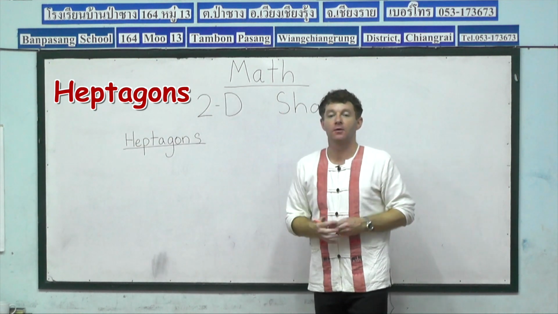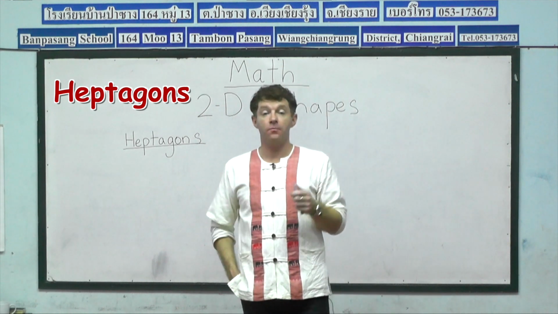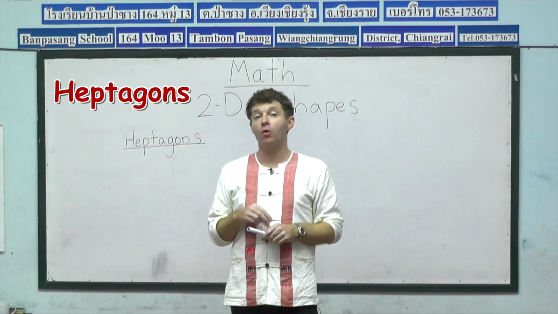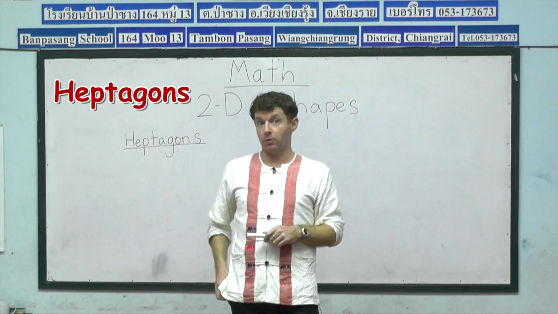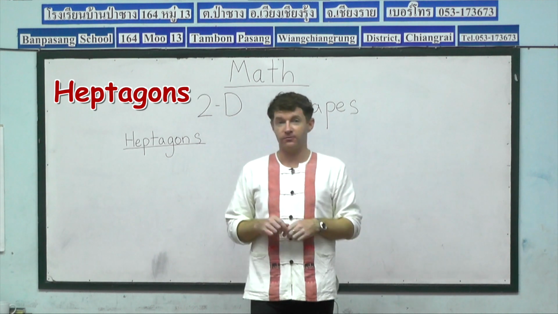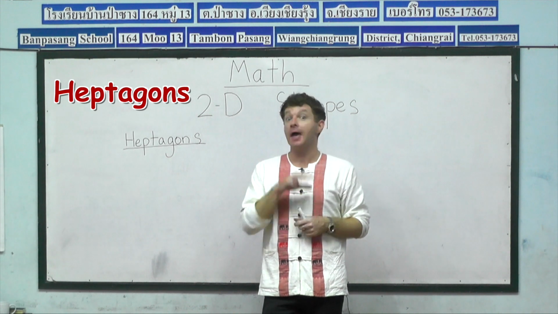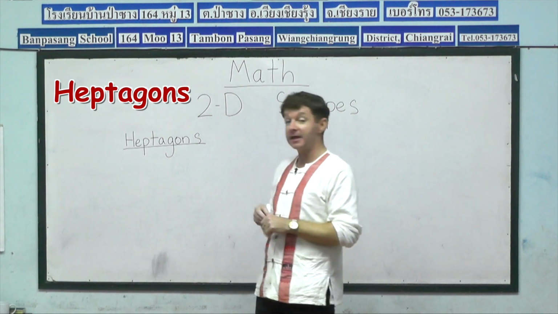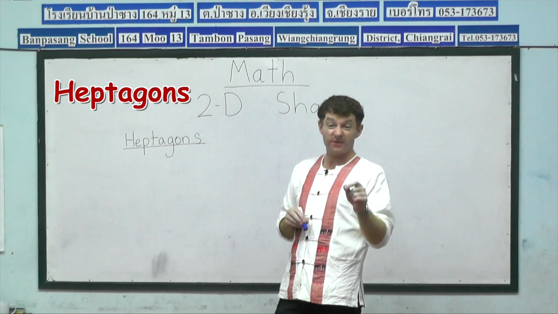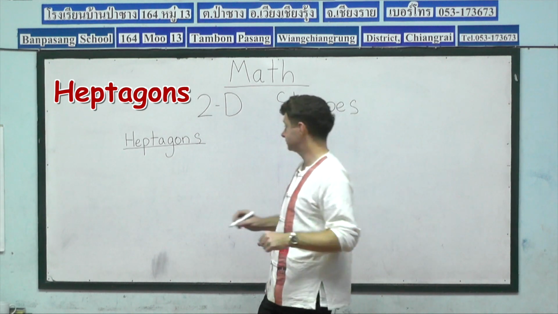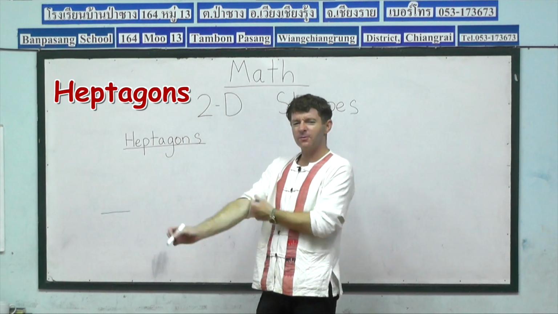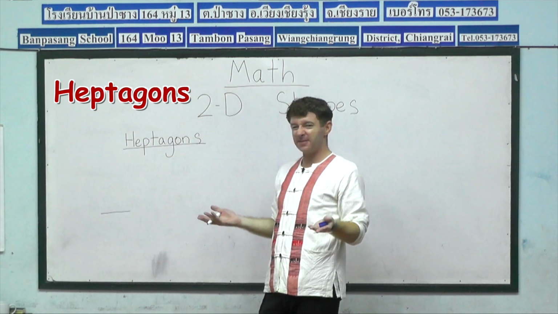Heptagons. Okay, so what I'm going to do now is try and draw some heptagons on the board. I'll ask my students if it's a heptagon yet, and they can tell me by counting the sides. So you ready, guys? First heptagon. Tell me when it's a heptagon. How many sides? Is it a heptagon yet?